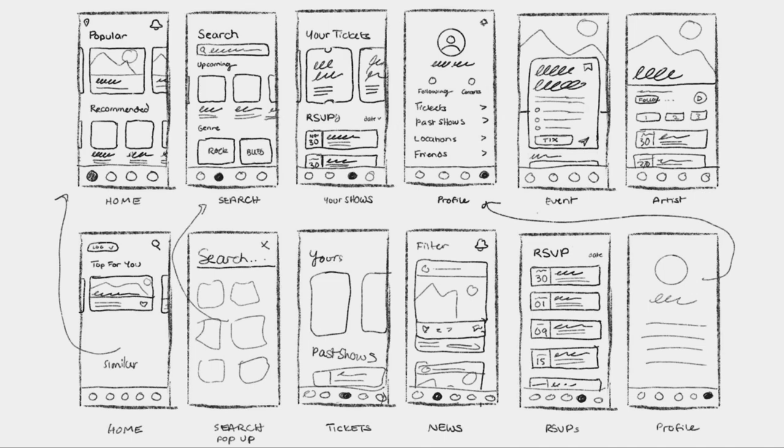Even where it says search pop-up, those little squares are not perfect. So if you're hesitant about drawing, please don't be. If you're more comfortable doing this assignment in a program like XD or Photoshop or Illustrator or InDesign, please feel free to do that as well.